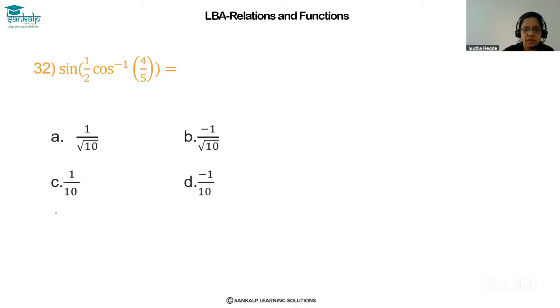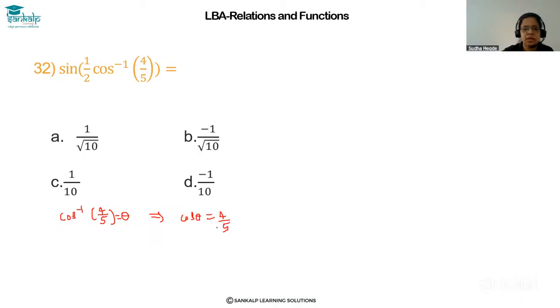so take cos inverse 4 by 5 is equal to theta. Okay, implies using Pythagoras theorem you can find even sin theta.